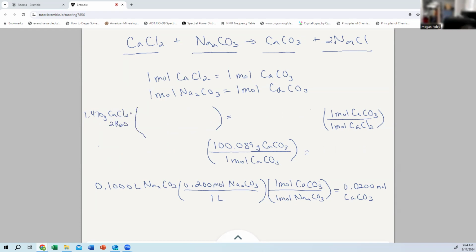And then 1 mole of CaCl2·2H2O has a mass of 147.0 grams.